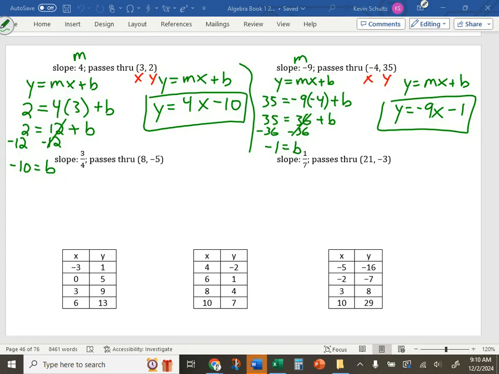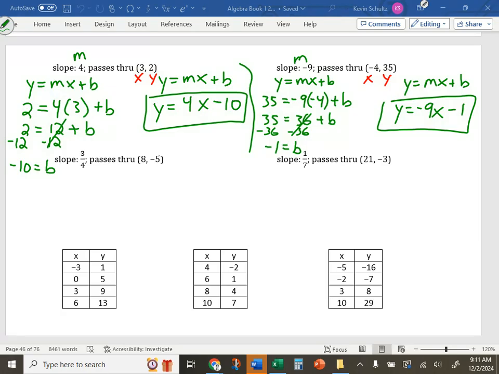Okay? So, you look at the rest of the page. The rest of the page, you've got fractional slopes. After that, you just have function tables where the slope is not given to you, nor is the y-intercept. So you have to find them both. And then at the bottom, I give you two ordered pairs that the line passes through. Once again, I don't give you the slope or the y-intercept.